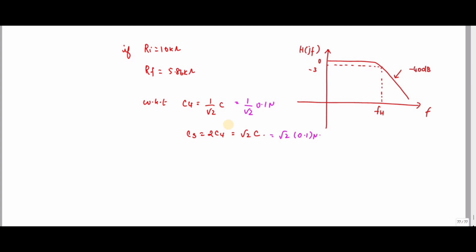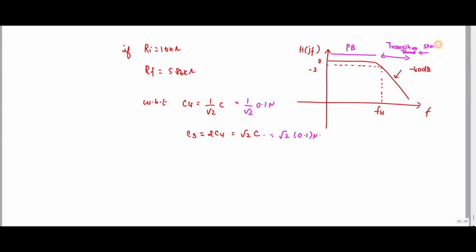This is how the signal is. Since it is a Butterworth filter, I can tell this region is the pass band. Up to this point it will pass the signal, and after that you have a stop band. This region is called the transition band, and after that it will completely stop.